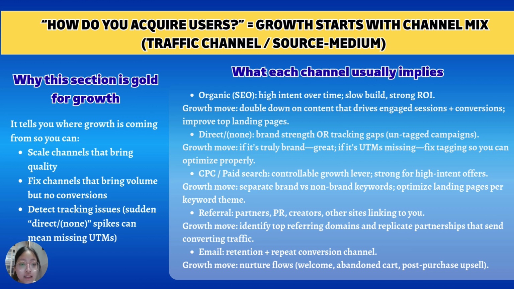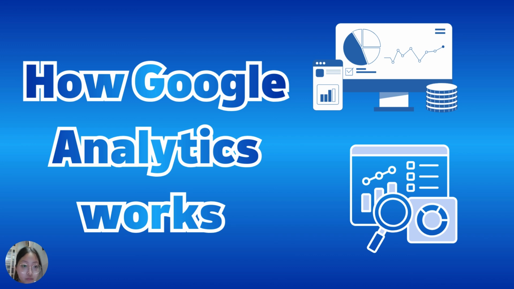The growth move is to separate brand versus non-brand keywords. Next one is referral. Aim to identify top referring domains and replicate partnerships that send converting traffic. And the last one is email. This one can help nurture flows like welcome, abandoned carts, or post purchase upsell.